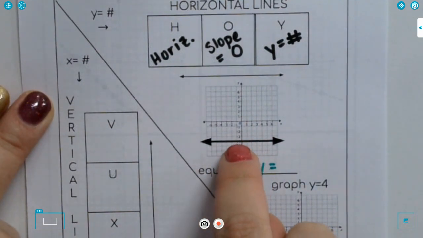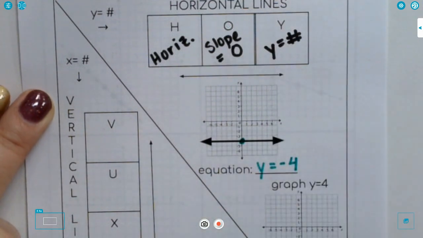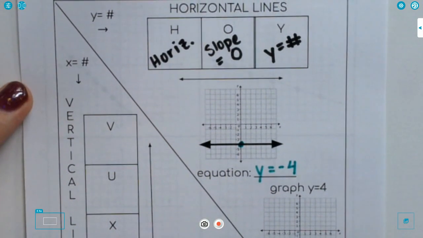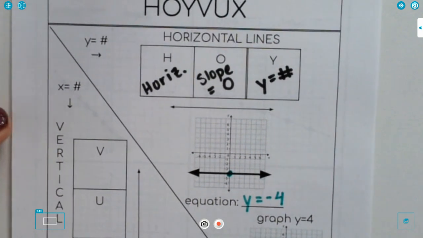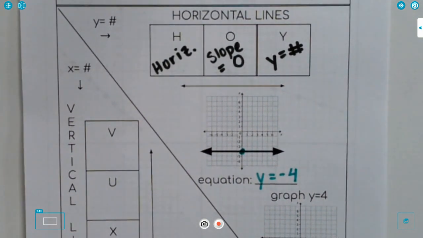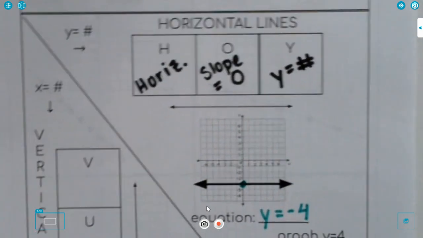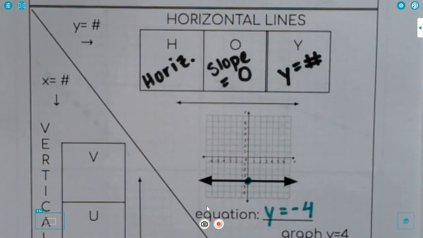It crosses at -4 right there. Right here is where I'm looking. So our equation here is just Y equals -4, and that is it. So for a horizontal line, it's just Y equals a number.